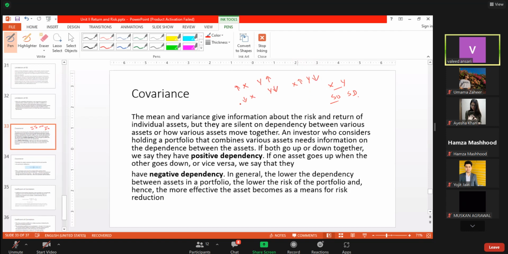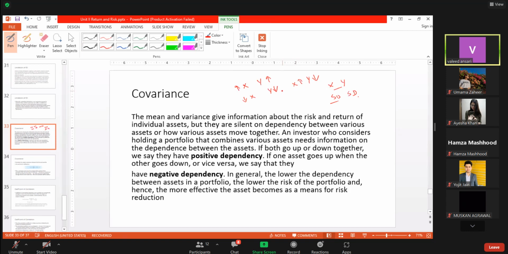Whether both are moving up, moving down, or one is up and another down, that provides information about the chances of reducing the risk.